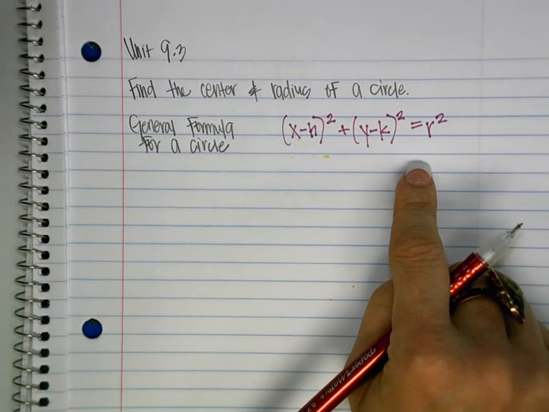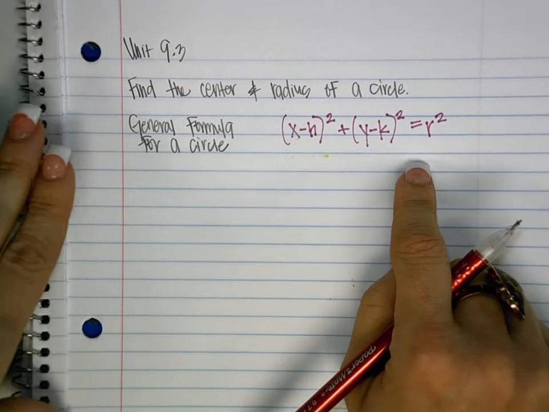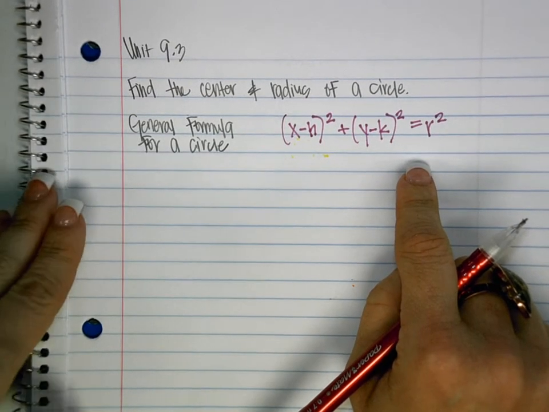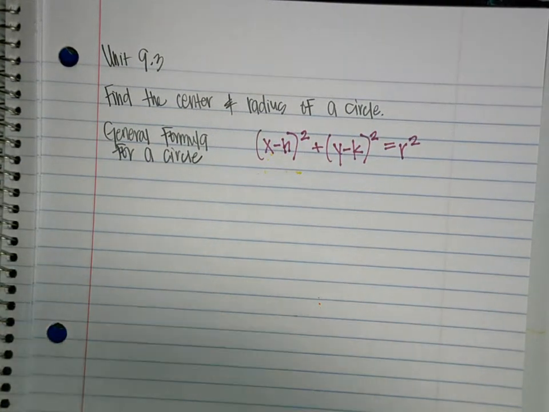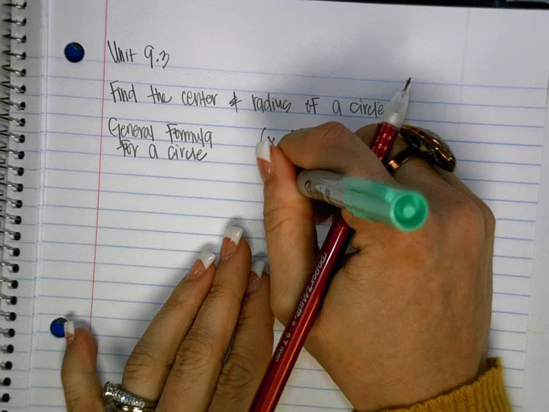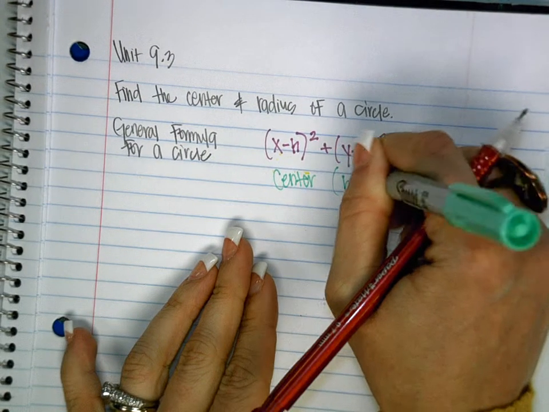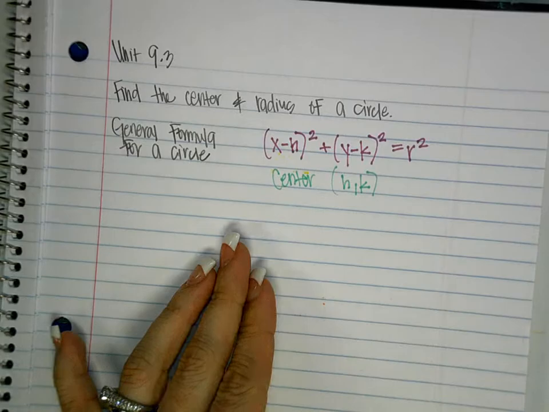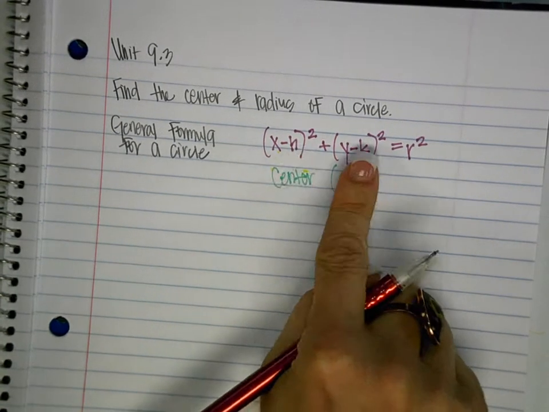This is a little bit reminiscent, hopefully that this reminds you a little bit of a parabola written in descriptive form. Okay, you also need to know that from this, your center comes from h comma k. So basically all you have to do to find the center is change what's inside these parentheses.